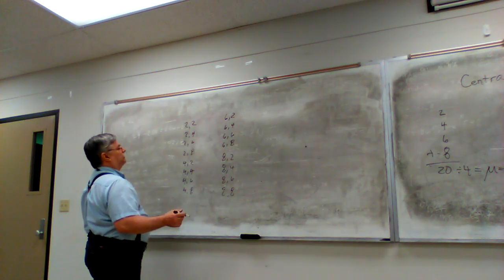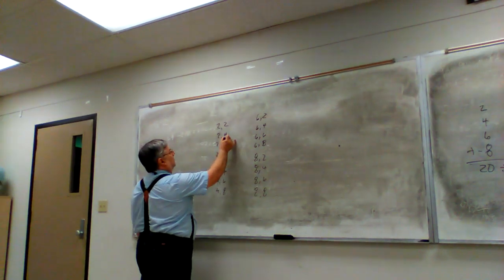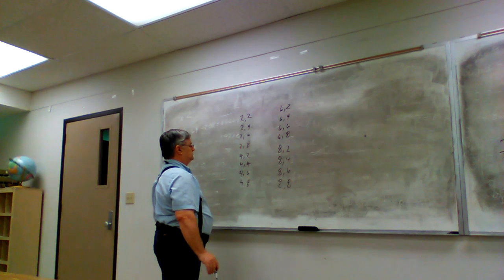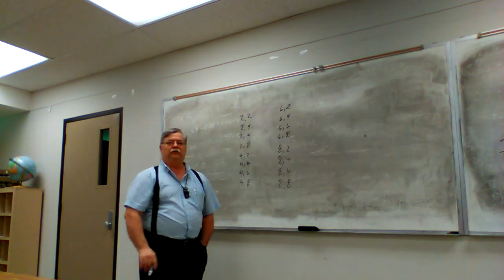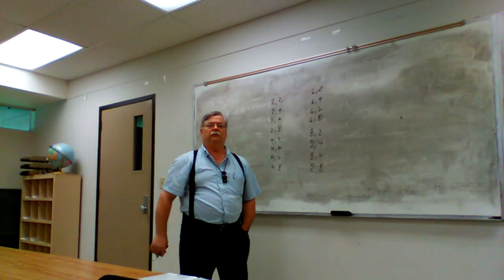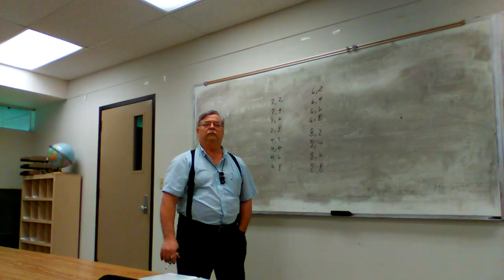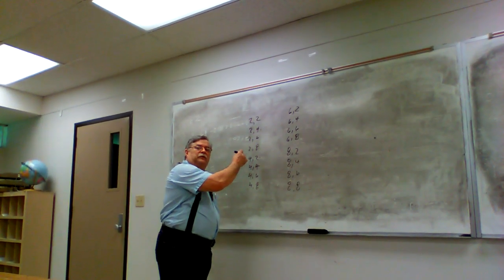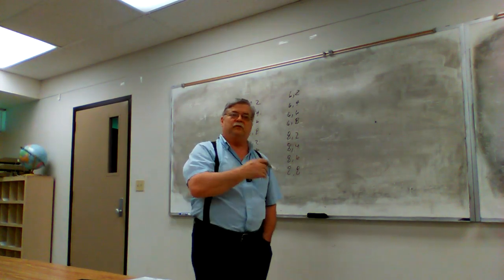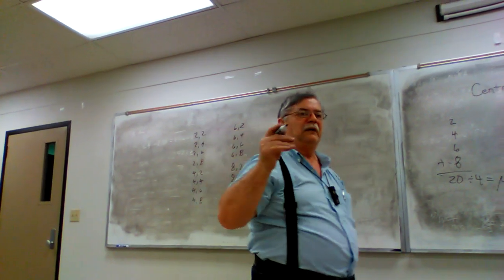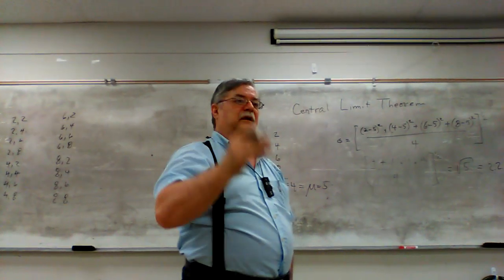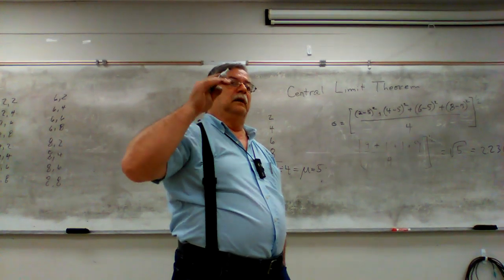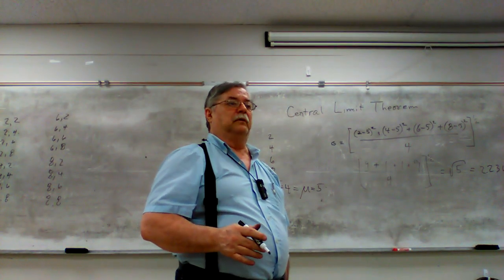I want to point something out here. Here we have 2 and 4. Here we have 4 and 2. Those are two separate samples. That tells you the total number of possible samples of a given size in any population.